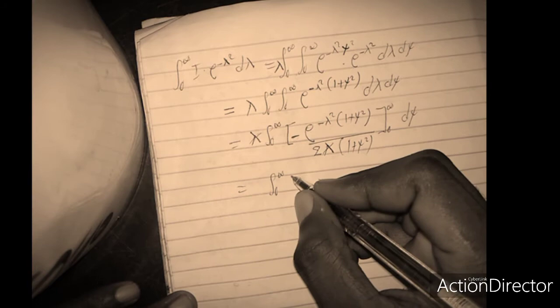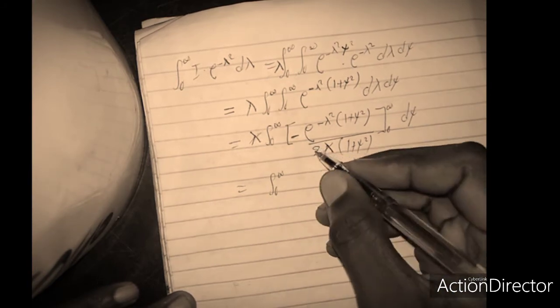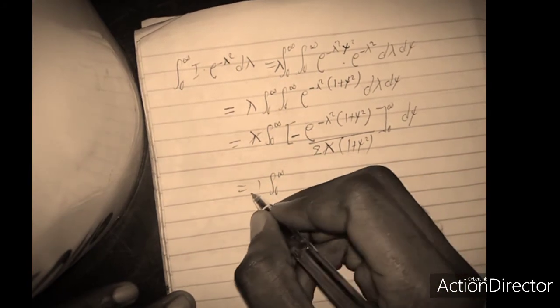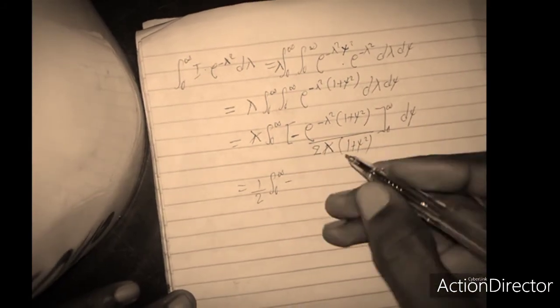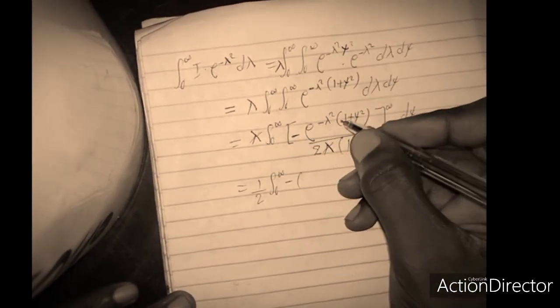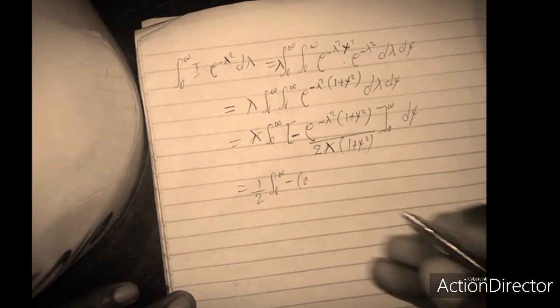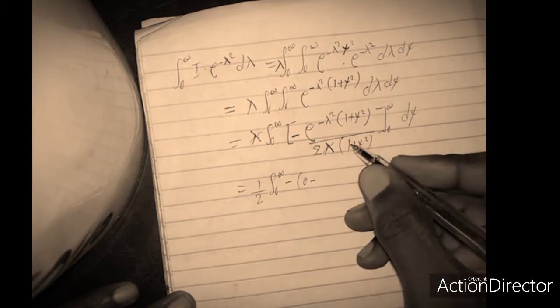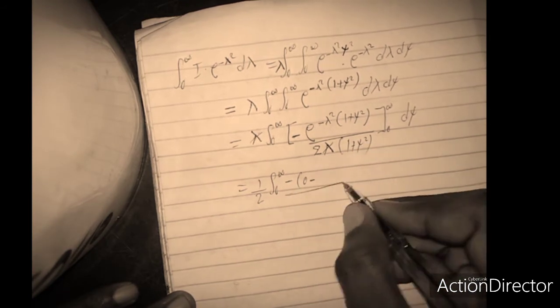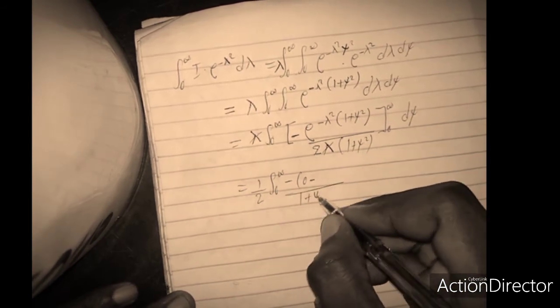Now I'm still left with, let me bring this 2 outside here, 1 over 2 is here. So the minus, let it be here. Now open the bracket. When I put the upper bound, I got 0. It is minus, put the lower bound. Don't forget there's 1 plus psi squared here, so I can put that here because we are not putting anything inside there.